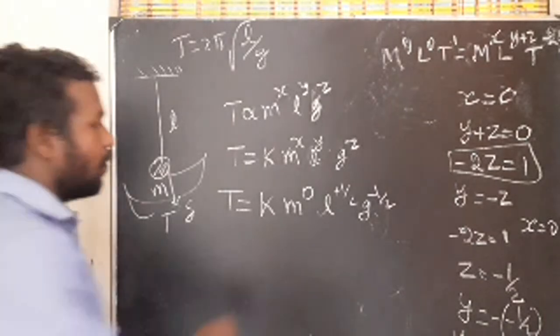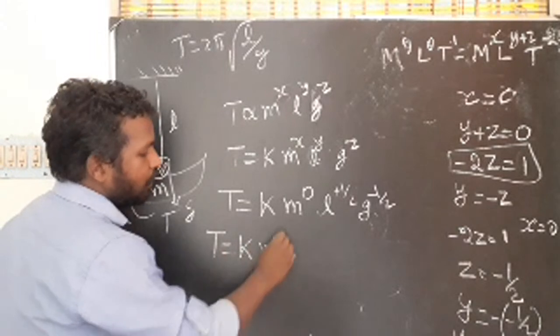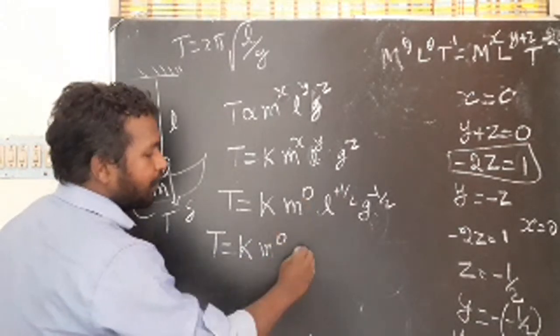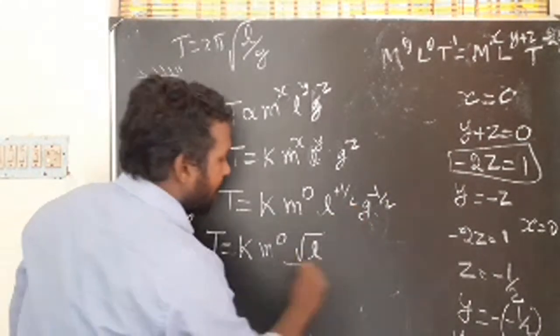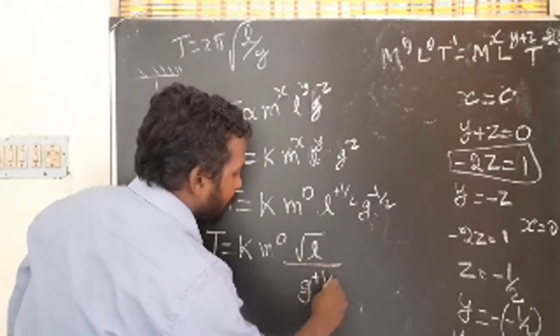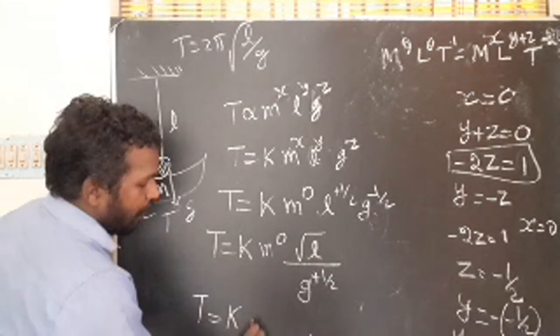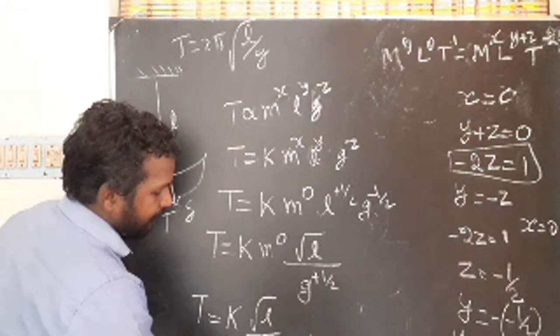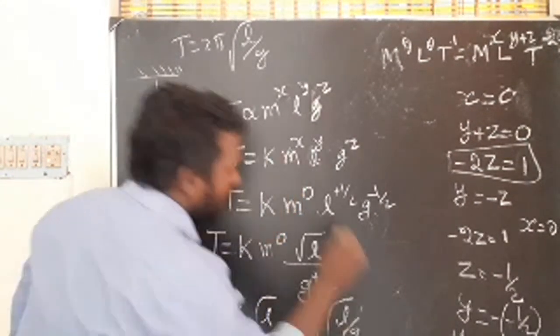So T is equal to K, M power 0. It is plus 1 by 2, we can have root L. It is minus 1 by 2, if you take it to the denominator, it's going to be plus 1 by 2, that's going to be root. So T is equal to, M power 0 will be 1, root of L divided by root of G. So T is equal to K times of root of L by G. What is K?